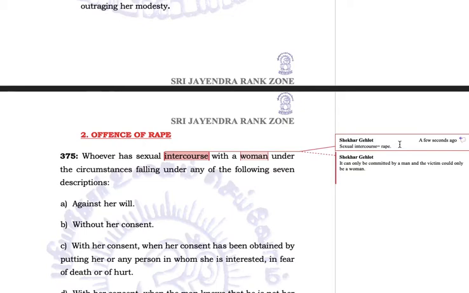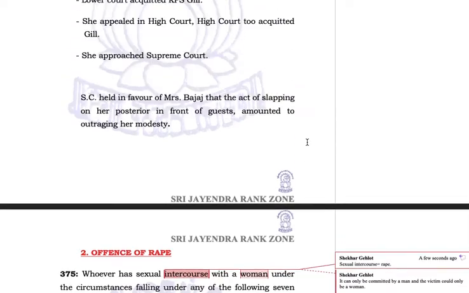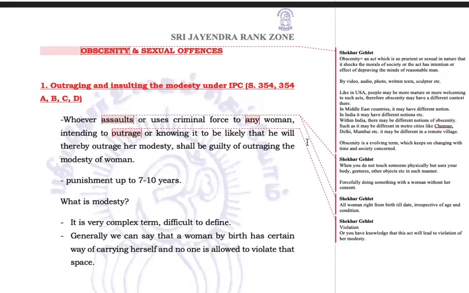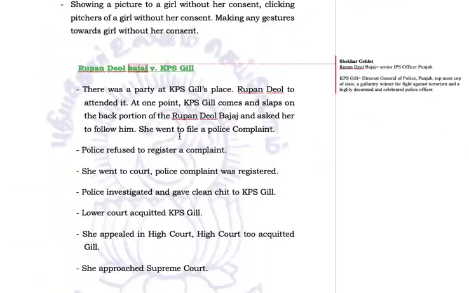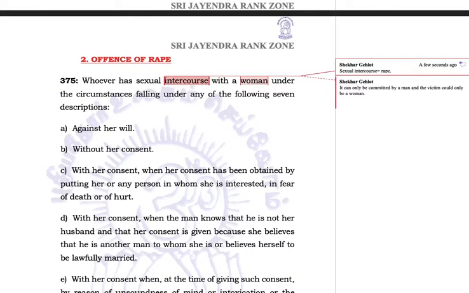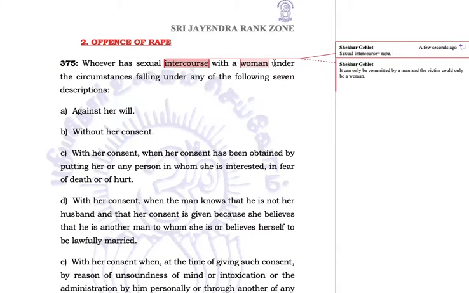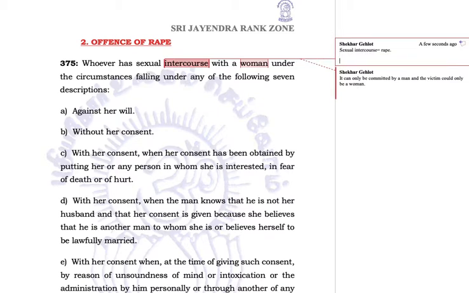Whatever you are doing with a woman other than sexual intercourse will go into the punishment for outraging the modesty. And whatever regarding sexual intercourse you are doing with a woman, intercourse has a very wide definition now after the 2013 amendment. It has become a very wide definition.